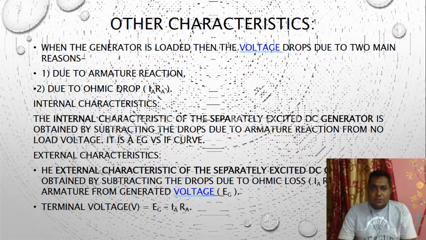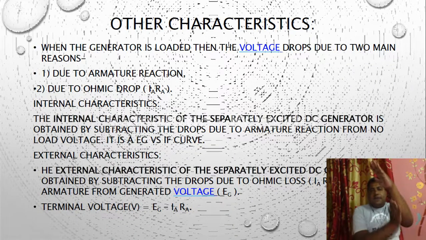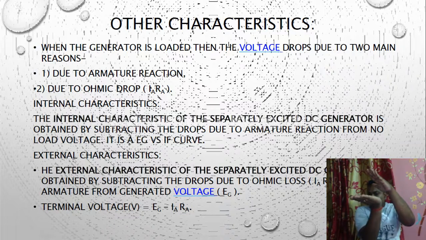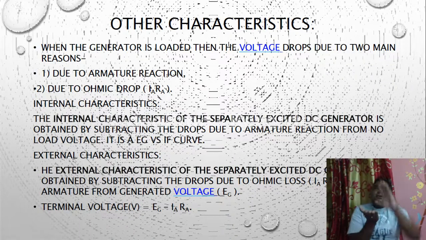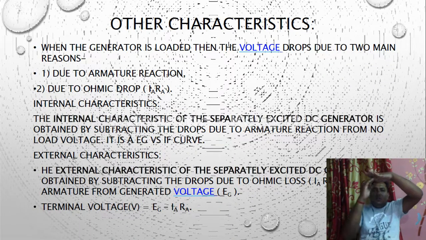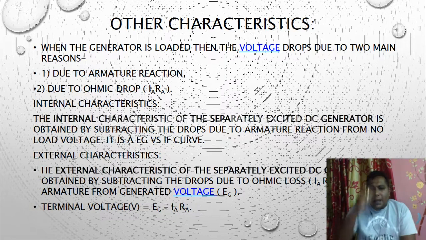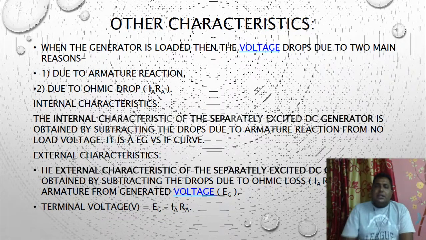Below the internal characteristics we have the external characteristics. The first one has no drop, the middle one has only the armature reaction drop, and the third one has the armature reaction plus the ohmic drop. These are the three characteristics we have.